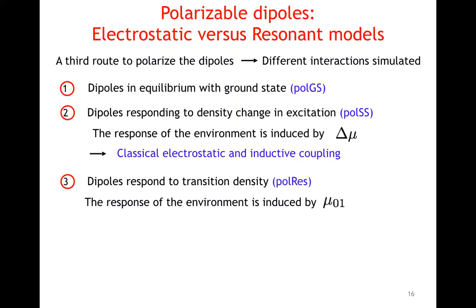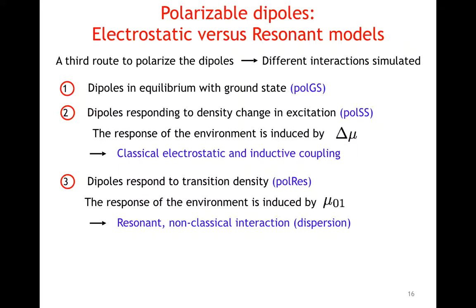In this embedding condition, the response of the environment is not induced by the difference between the excited state molecular dipoles or the ground state molecular dipoles, but by the transition dipole moment associated to this excitation, which is an intrinsically quantistic quantity.